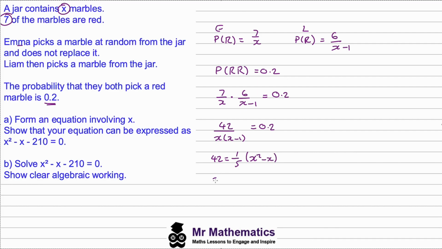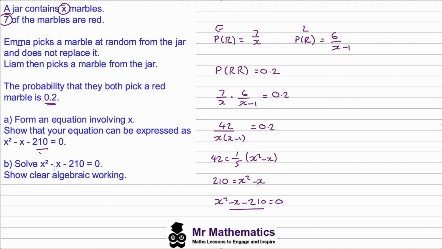So we've got 210 will equal X squared minus X. And then we'll make the equation equal 0. So X squared minus X, moving this 210 over, will give us minus 210 equals 0. And this is the equation that we were asked to find.